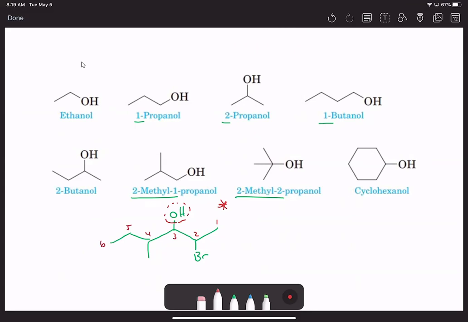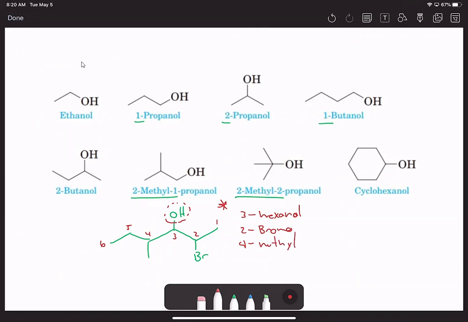Here, my alcohol is on carbon number 3. And in 6 carbons, instead of saying hexane, I'm going to call it hexanol. I'll make sure that's an OL. On carbon number 2, I have a bromo. And on carbon number 4, I have methyl.